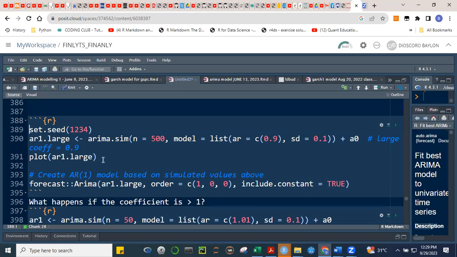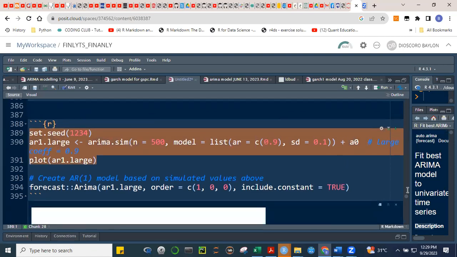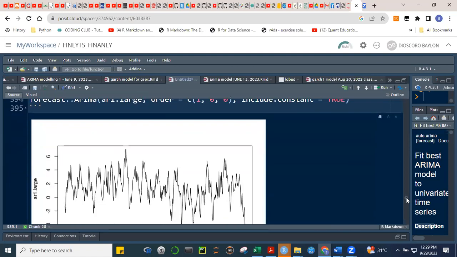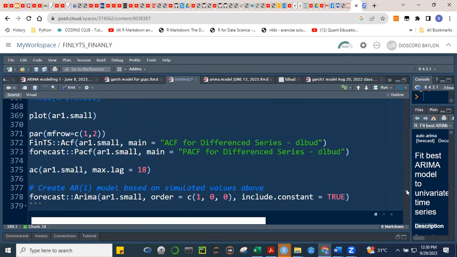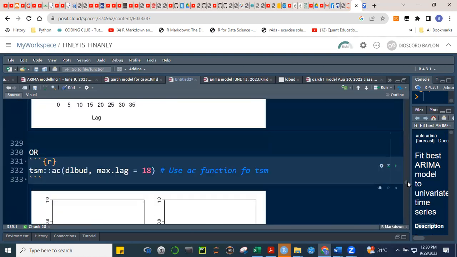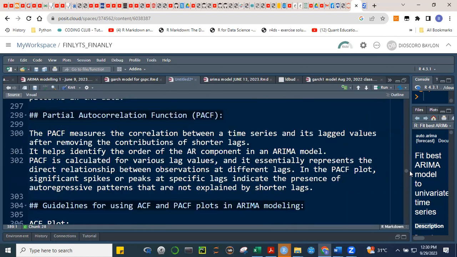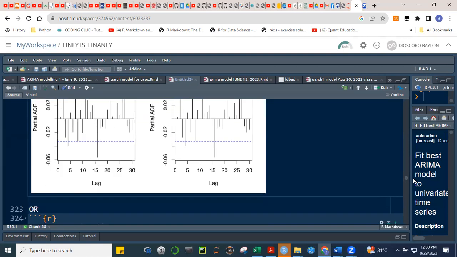Then ipa-plot natin to. Okay, so if we run this, we should have the same values kasi nag-set that seed tayo. And then ito yung AR1 natin, no? Okay, notice that compared to AR1 that's small, yung variance nito medyo mas malaki-laki, no? Kaysa yung AR1 that's small, where the variance of your data set is a bit smaller. So saan na yun? AR1 small, where are you?